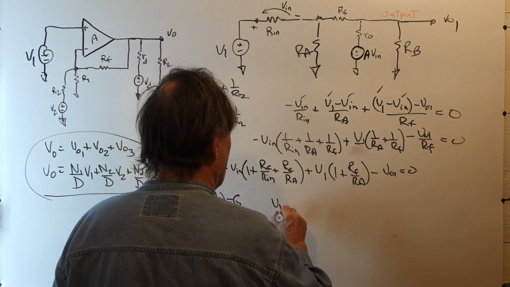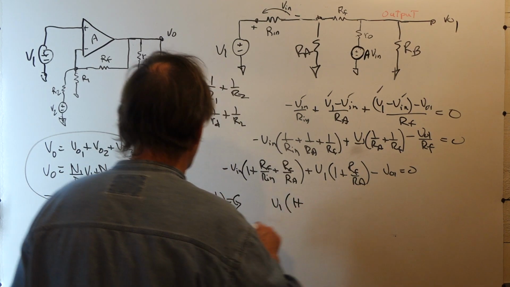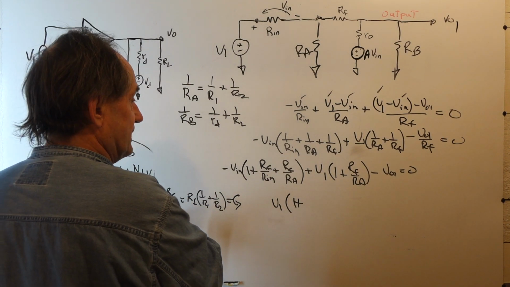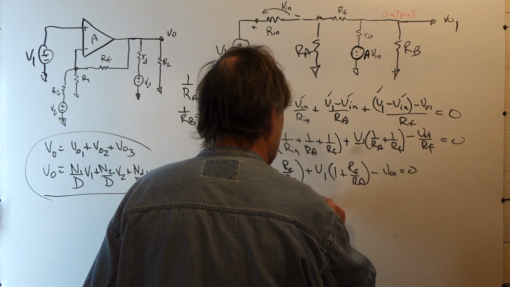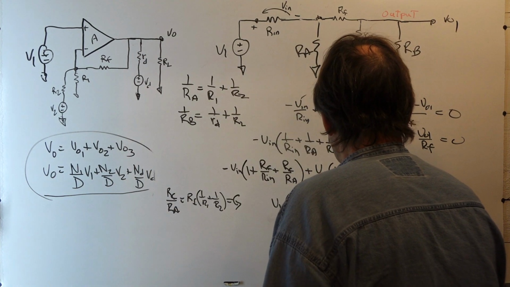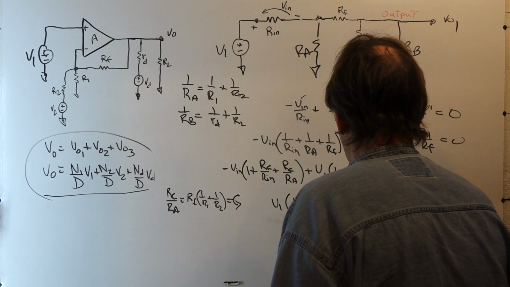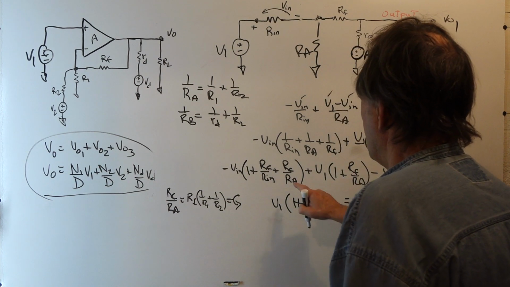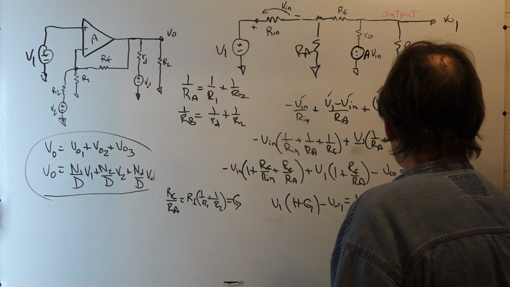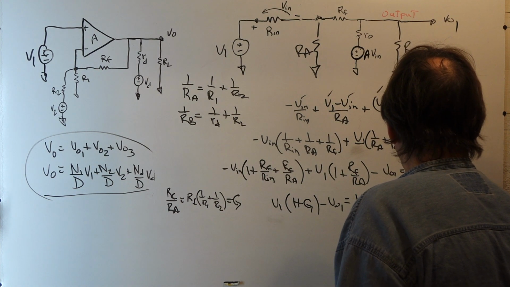So I have V1 times 1 plus, well, RF over RA is G, so it's 1 plus G, minus VO1, is equal to Vn times 1 plus RF over RA, which is G, plus RF over Rn.